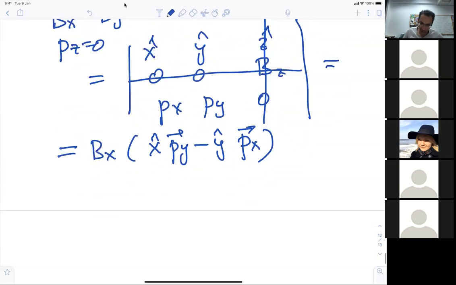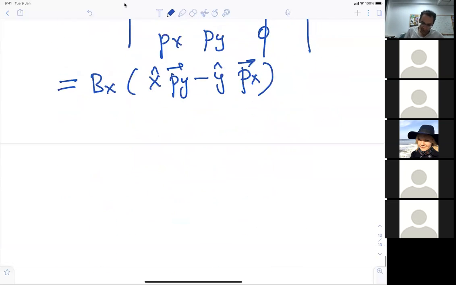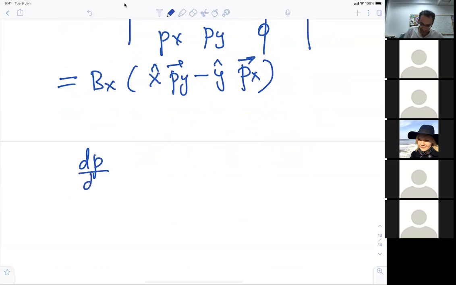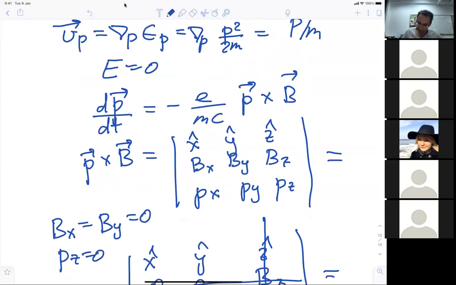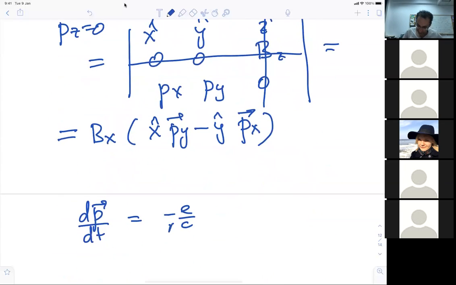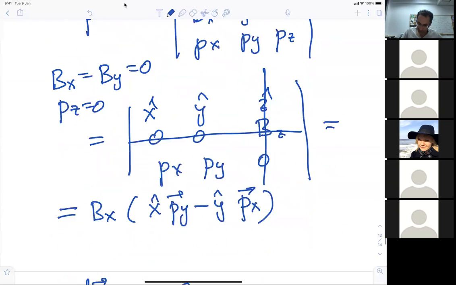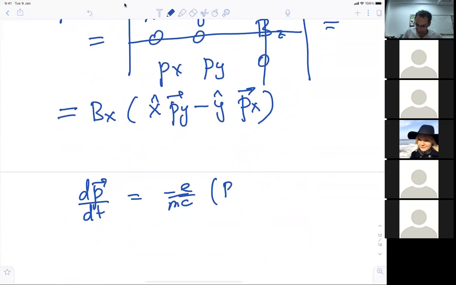So the equation of motion reads dp with respect to t is equal to minus e over mc times this cross product, which is Bz times x py minus Bz times y px.